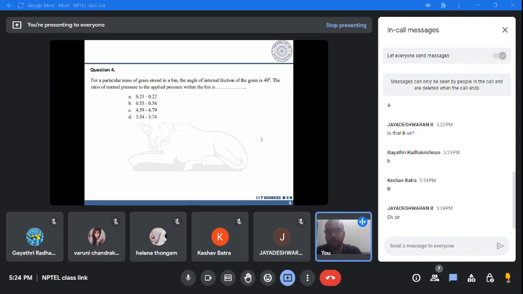Question 4. For a particular mass of grain stored in a bin, the angle of internal friction of grain is 40 degrees. The ratio of normal pressure to the applied pressure within the bin is? You need to find out the ratio of normal pressure to the applied pressure within the bin. So please solve it.